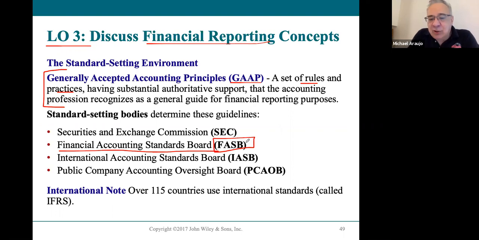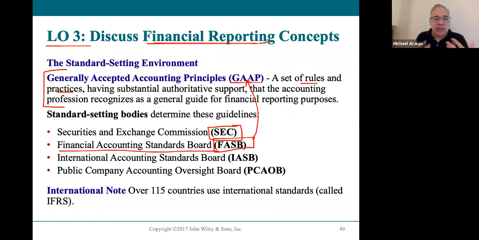Once the Financial Accounting Standards Board decides on how things should be handled, those rules become part of GAAP. Now, the government is involved by default because financial reporting rules are overwhelmingly for public companies, which means that anybody in the public can be a stockholder or a bondholder.